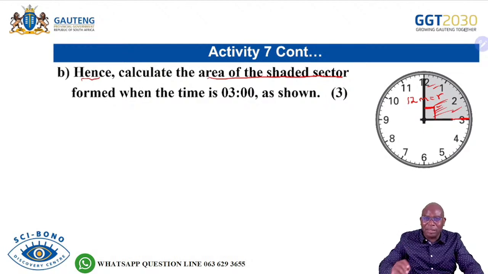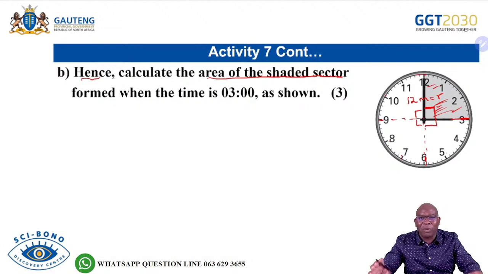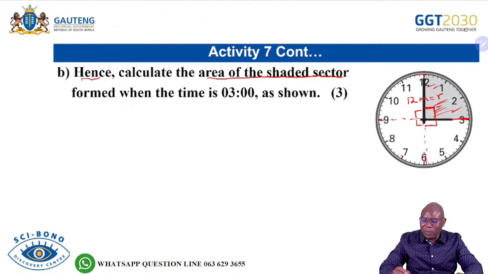So 360 degrees divided by that. This is 90, that's 90, that's 90, that's 360 degrees at 3 o'clock. So 1, 2, 3, again 1, 2, 3 here, and then 1, 2, 3 there. So we have 4 quarters there. So there will be 90 degrees.